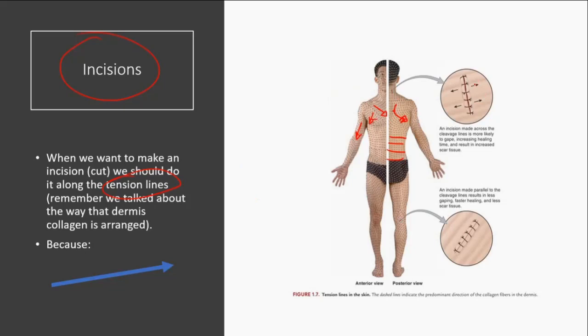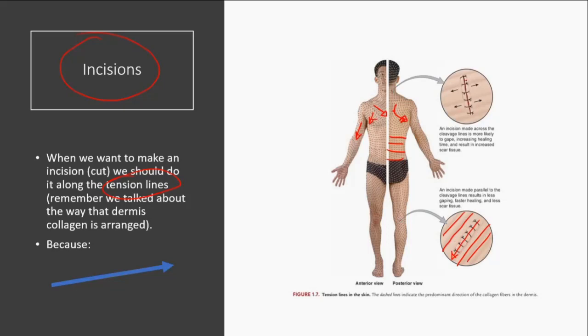For example, here, this surgeon has decided to make an incision in the same direction as the tension lines, okay? So when he did the suturing, it was really easy for the body to heal, and even the scar will be a lot less obvious, and the healing will be much quicker as well.